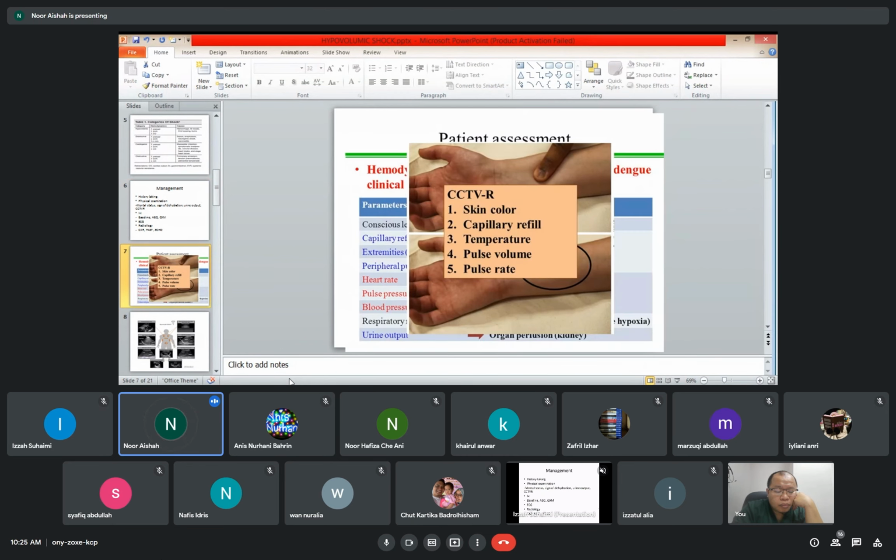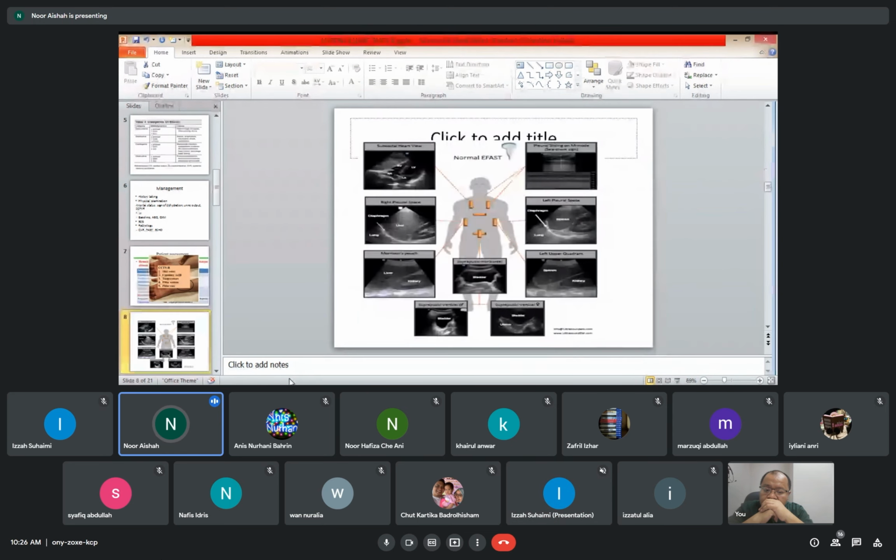This is the CRT. We assess the patient as presented. Scan to look for fluid collection.